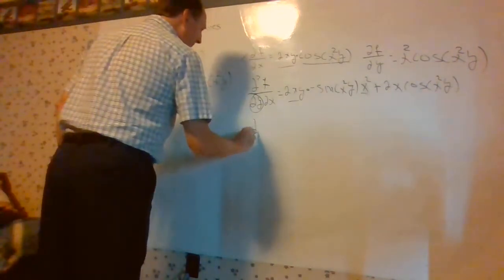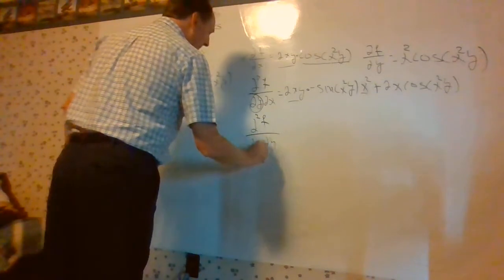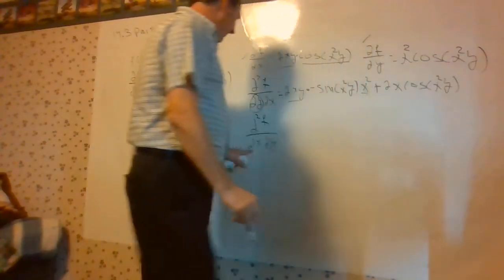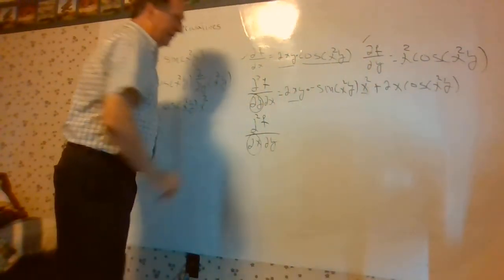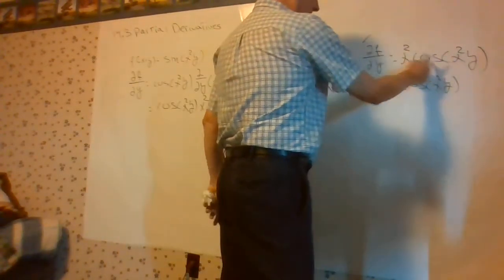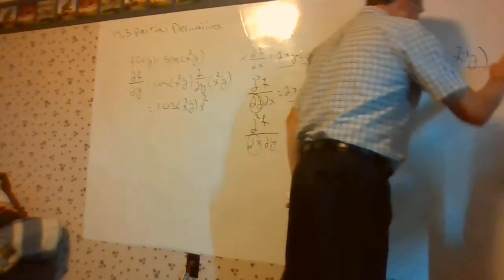Now, let's do partial squared f with respect to y then x. So we need to take this derivative and take an x partial of that result. And sure enough, we need a product rule because we have function of x times function of x. So we're going to think of this as a product of these two functions.